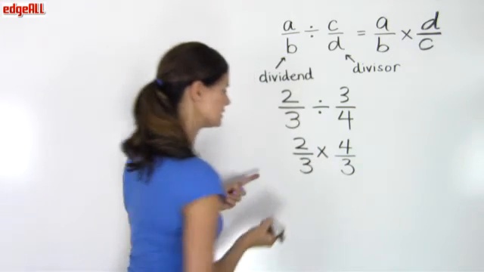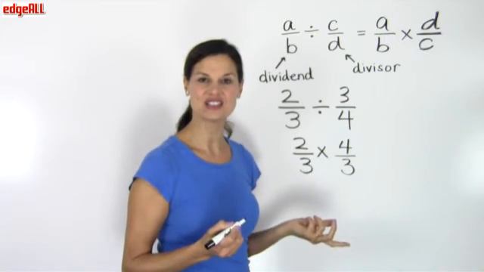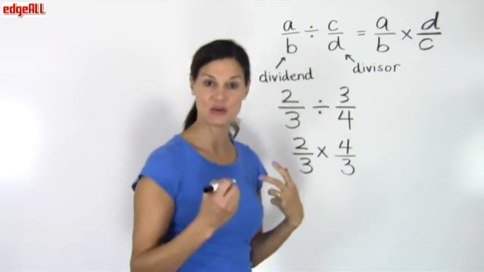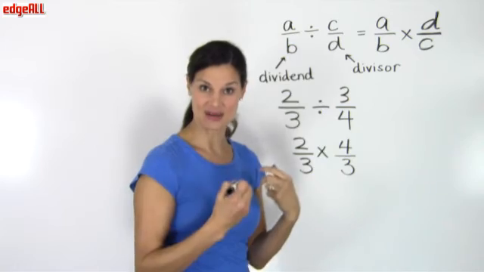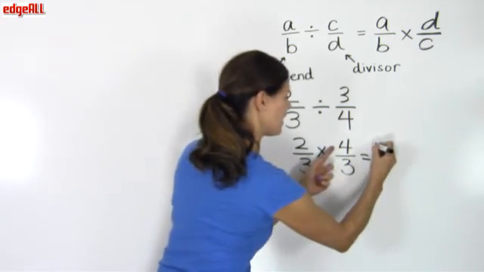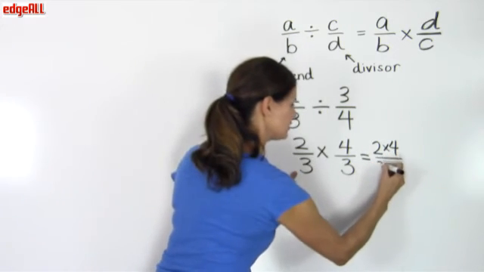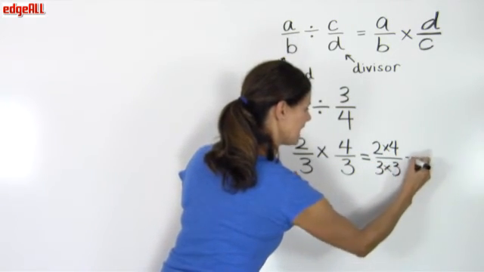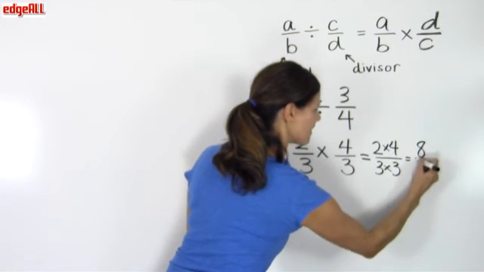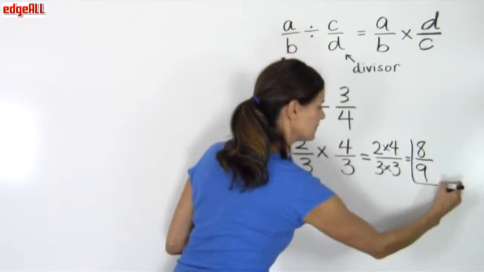So 2/3. And now I just work this out like a multiplication of fractions problem. I multiply numerator by numerator and denominator by denominator. So 2 times 4 on top here, and in my denominator 3 times 3, and I end up with the answer of 8/9.